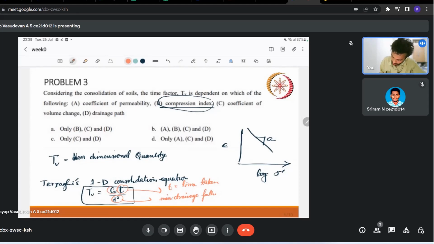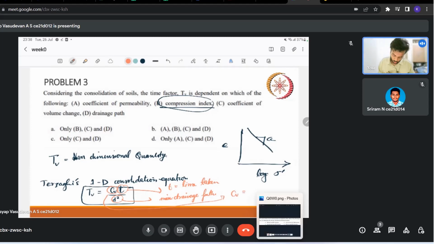And Cv is the coefficient of consolidation. This is dependent on a few more terms: permeability, since we are talking about vertical consolidation, so vertical permeability, and the weight density of water or the fluid which is flowing through, and the coefficient of compressibility.